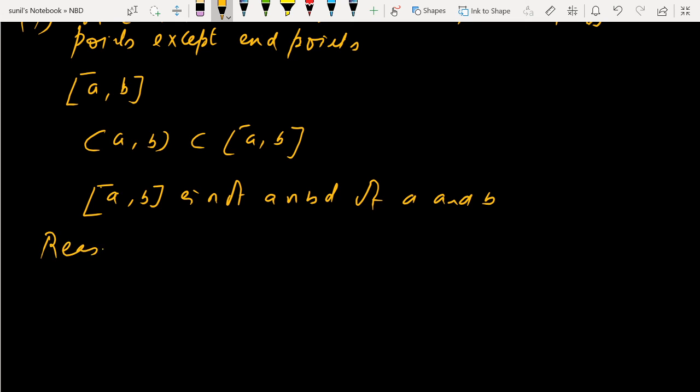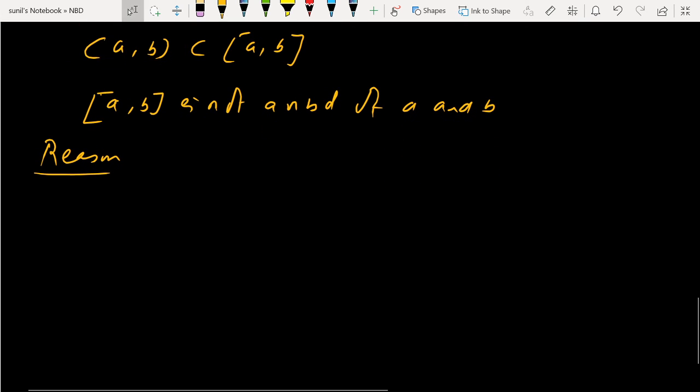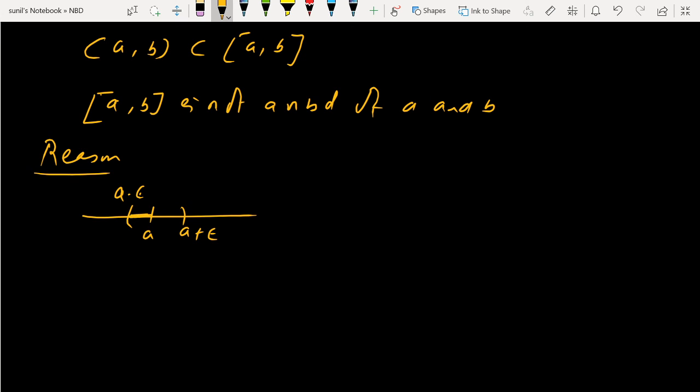The reasoning is very simple. If you consider an open interval around this point a, that is (a minus epsilon, a plus epsilon), then this particular region is not a part of this interval. Certainly a belongs to (a minus epsilon, a plus epsilon), but it is not contained in this interval.